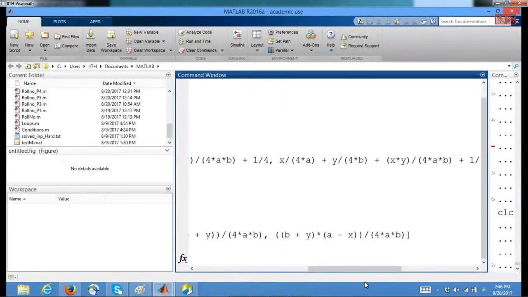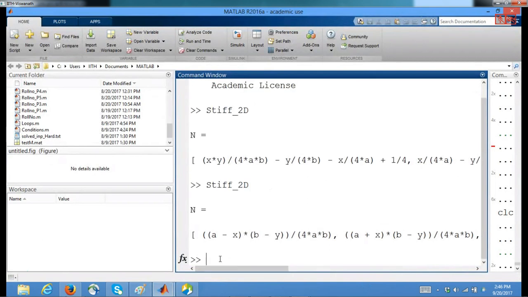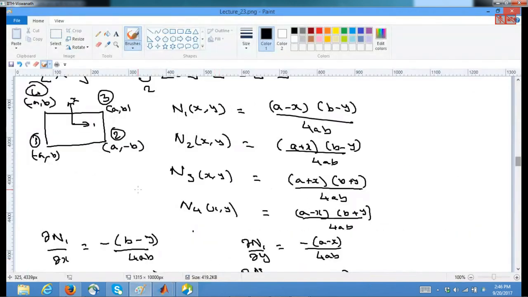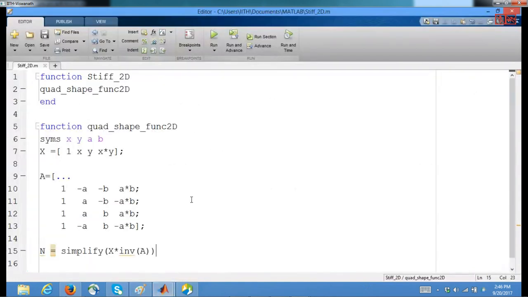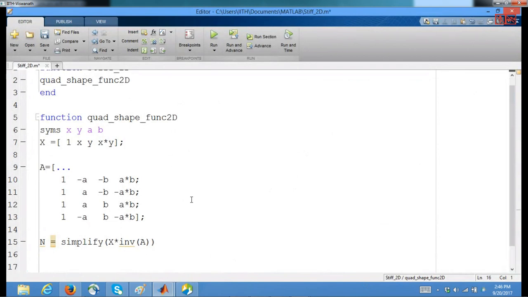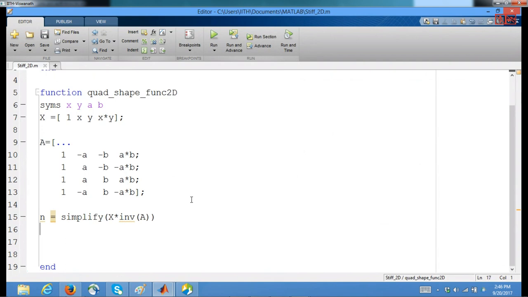Then what I will do is I'll call it a small n for different purposes. Then I will write my capital N is equals to n1 0, n2 0, n3 0, n4.